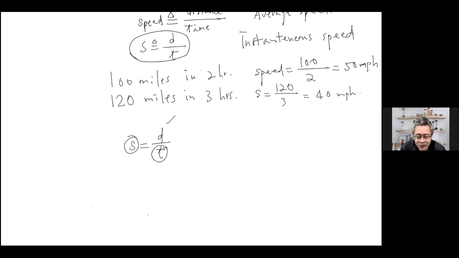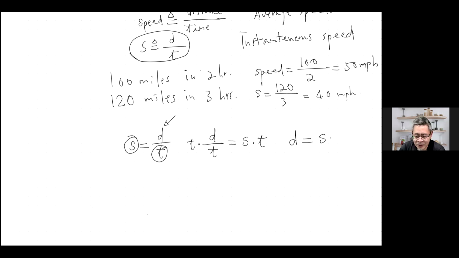So we basically flip the equation, which we can do. Then R is like S. Now we had to move T over, so we use the multiplication property, times T on both sides. Therefore, what we got here is distance equals speed times time.